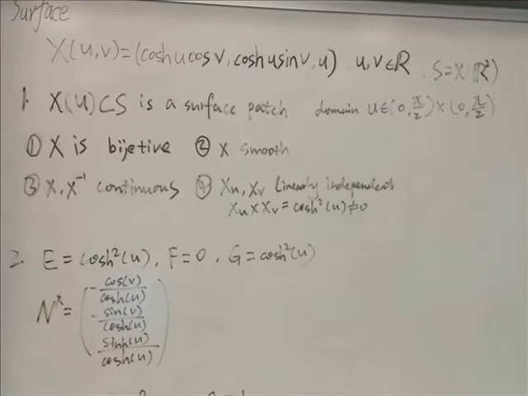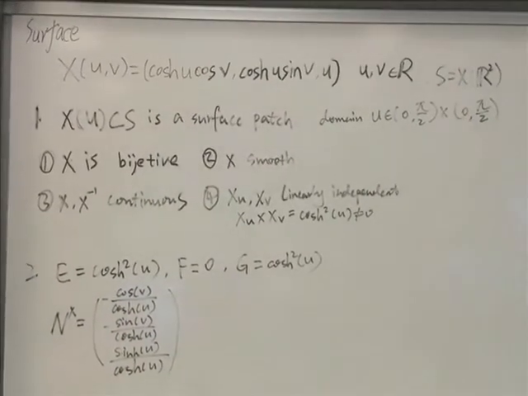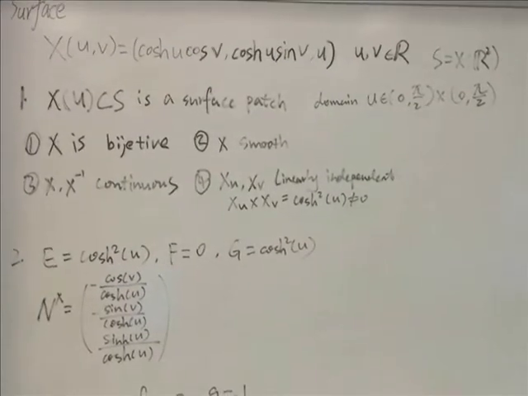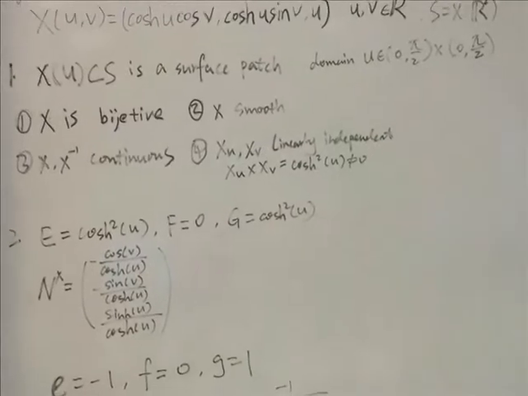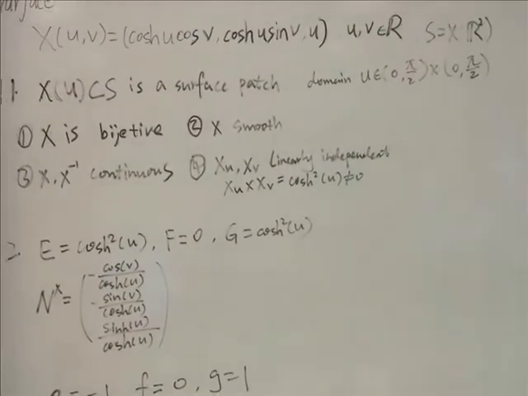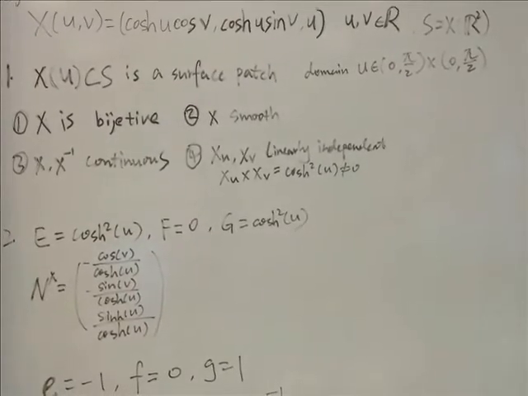So this surface is actually called a catenoid, and it is the first minimal surface found, and it was proved minimal by Leonhard Euler. Before I go into talking about our surface, I'm just going to go over some definitions.